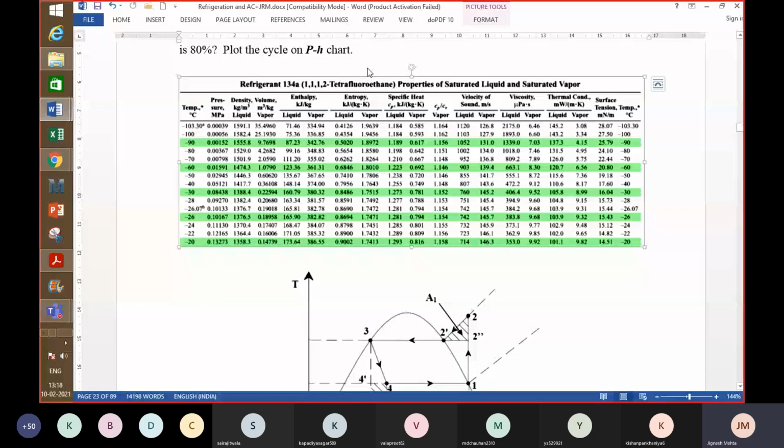Okay, so, sorry, we were talking about enthalpy, so it's 386.55. So that's the value of h1, right?